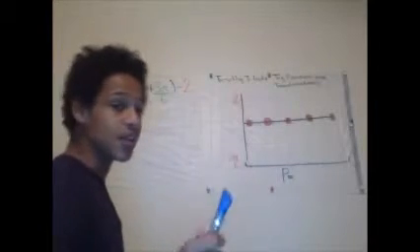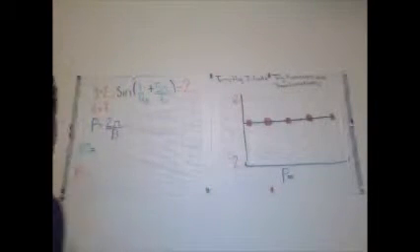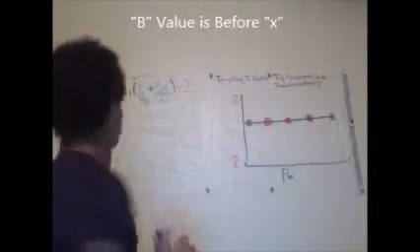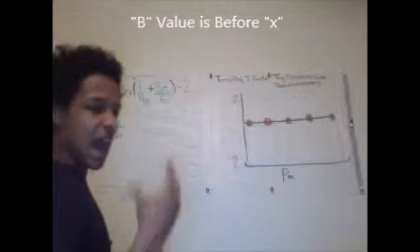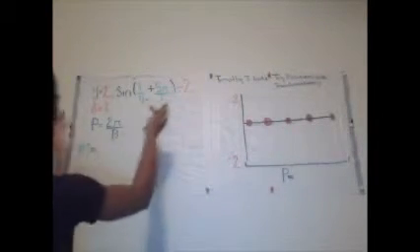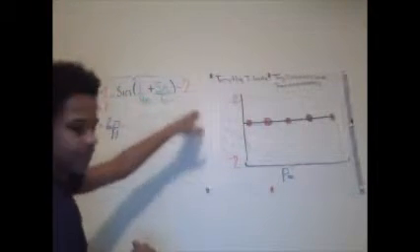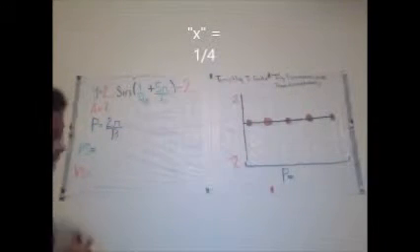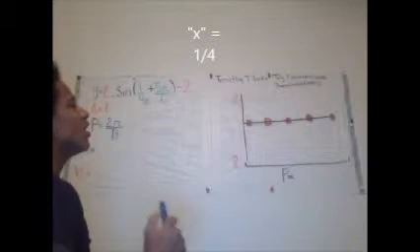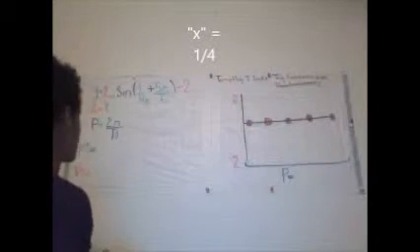And if you do, great job, okay? Our b value is always before our x. We only have one x in this formula, okay? Can you see where it is? Oh, and if it's before, you are correct. It's 1 over 4, okay?